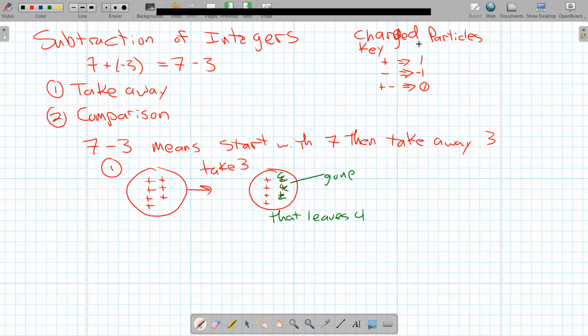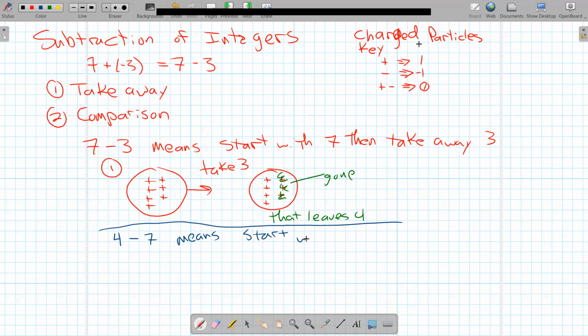Right, positive 4. So I'm just doing it with pluses this time. We did it with other things before. What if I try to do something like 4 take away, let's draw a little line in between here, 4 take away 7. All right, so that means start with 4, then take away 7.